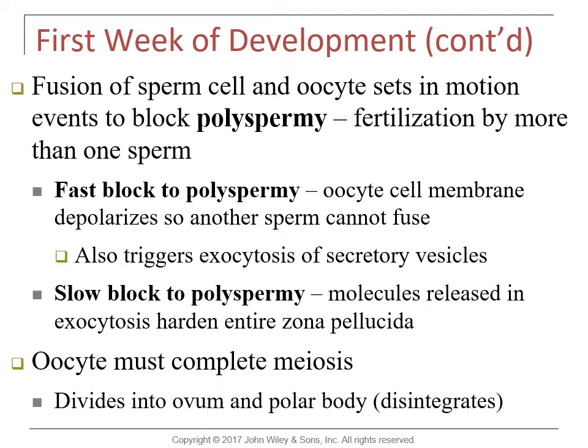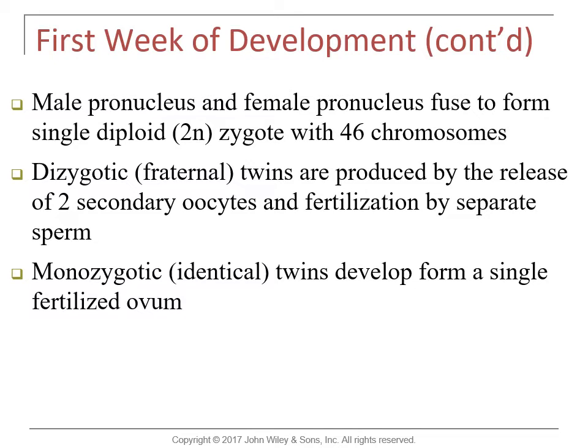Once the sperm cell enters a secondary oocyte, the oocyte first must complete meiosis II. So it divides into a larger ovum, which is the mature egg, and a smaller second polar body that fragments and disintegrates. The nucleus in the head of the sperm develops into the male pronucleus, and the nucleus of the fertilized ovum develops into the female pronucleus.